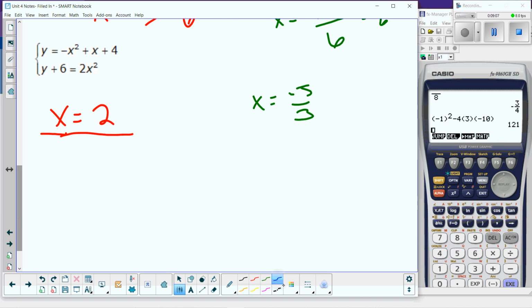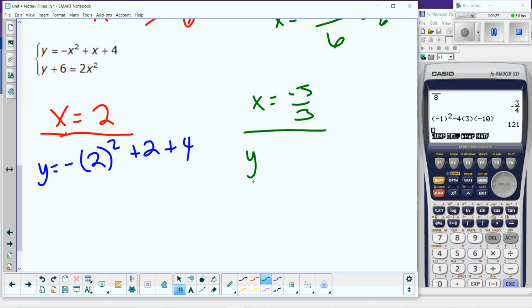So y equals negative 2 squared, and notice my negative's not in the parentheses because it was already there. So just that 2 is in the parentheses, plus 2 plus 4. And then y equals negative, not in the parentheses, and then I do need a negative in the parentheses with that 5/3 because it was a negative 5/3, plus negative 5/3 plus 4.